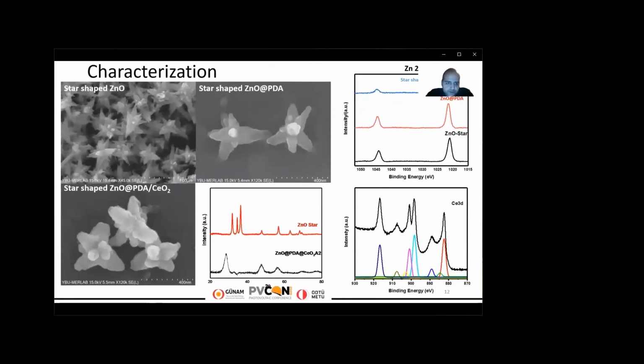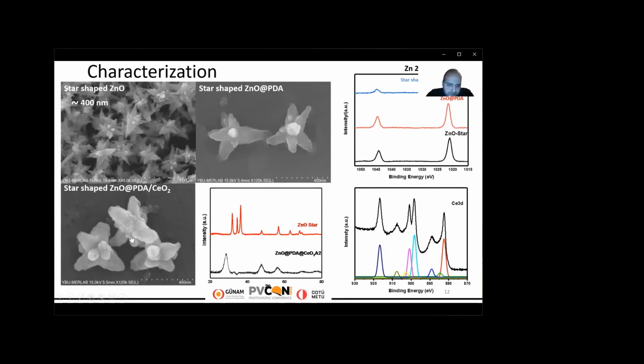And you can see the scanning electron microscopy images of star-shaped zinc oxide nanoparticles. As you can see, this is the morphology obtained by this synthesis method, and the particle size of the product is approximately 400 nanometers. And the image of star-shaped zinc oxide coated with polydopamine.